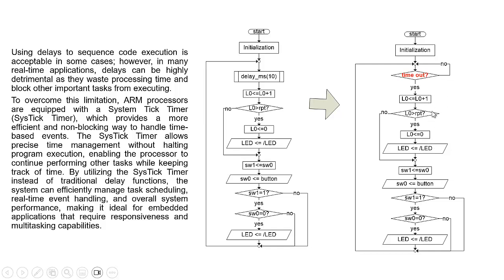So only 10% of the time is used by the processor, while 90% is still available for other applications.